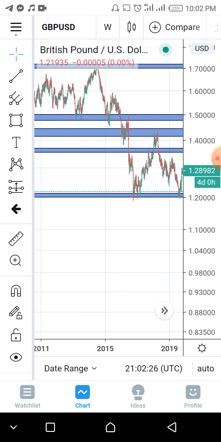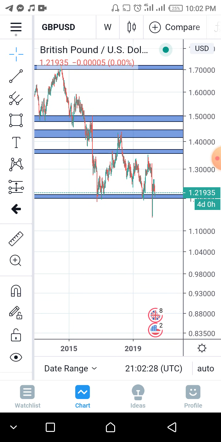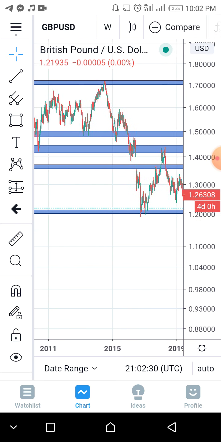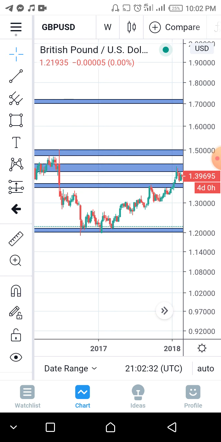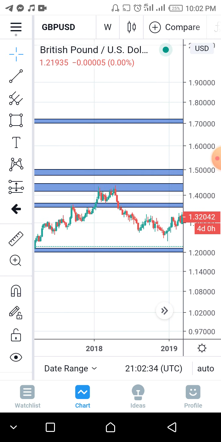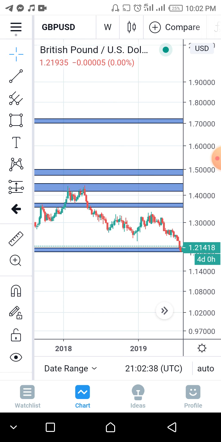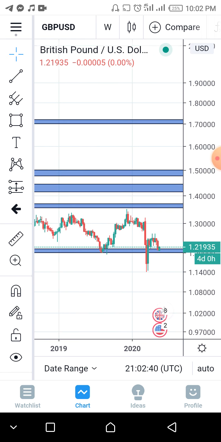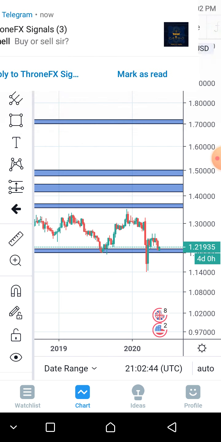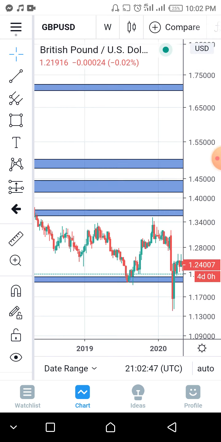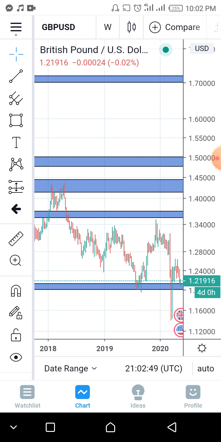And easily we could see that this zone was respected here. The price came down here, went back up, and then there were double tops here, and then it broke and came back down here. So in general, we are still in a sell market. Okay, so that's how to take the zones, just to know where your market is heading to.